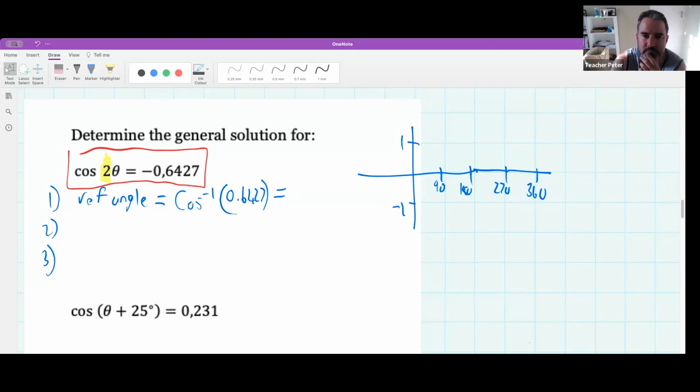Let's have a look. What are we getting? Oh, no, don't divide. Don't divide.